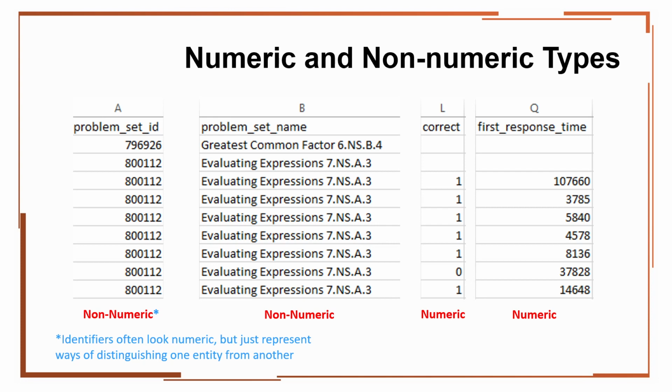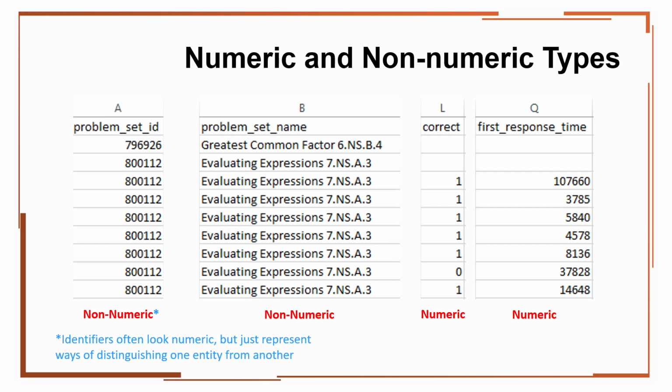While some features, like the problem set name in the example, are clearly non-numeric, as it represents text and language in its raw form, it is important to also recognize that other features may appear as numbers even if it is conceptually non-numeric. An identifier, for example, may exist as a number used to distinguish one problem set or assignment or something else from another.